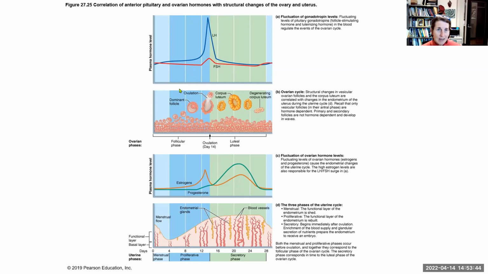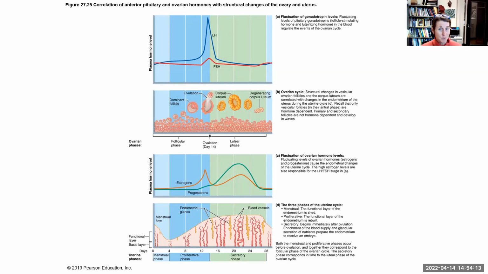So that decline in follicle stimulating hormone, that's where it's got its name. Without that support of having that hormone, most of the other follicles are going to die off. And the largest one, the dominant follicle, is large enough that it's still getting signals from the FSH.